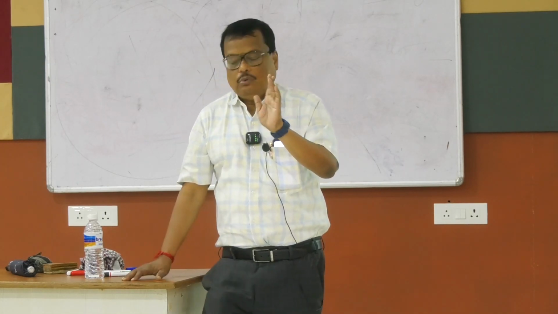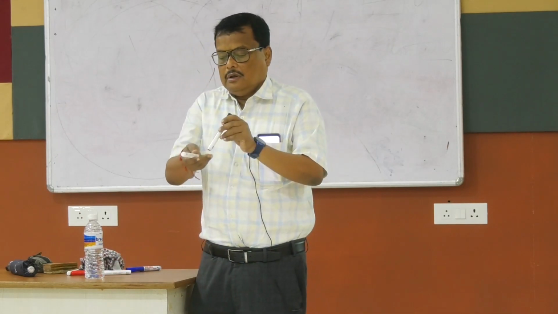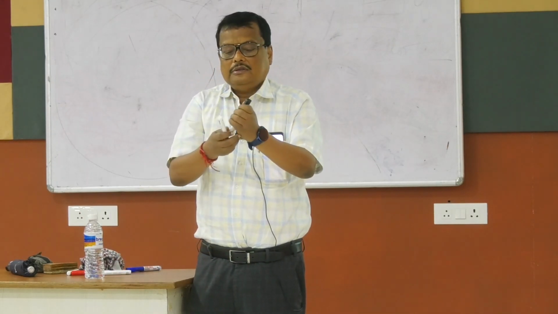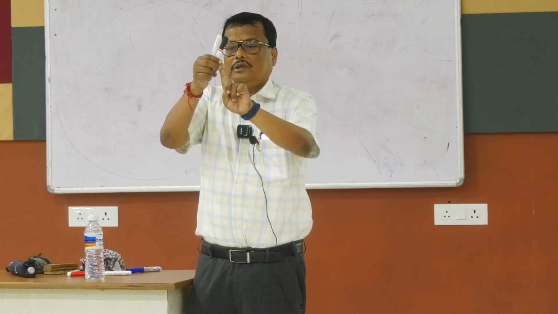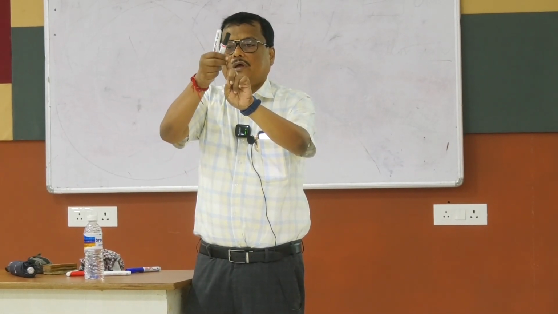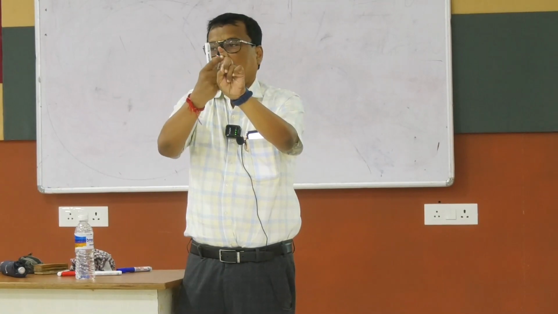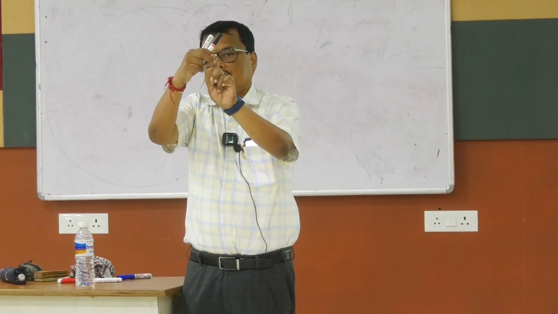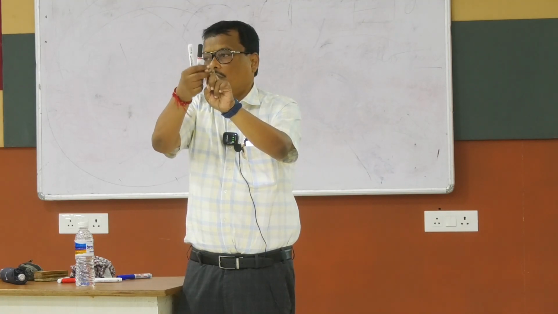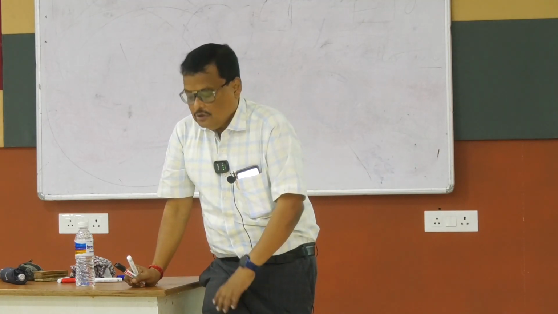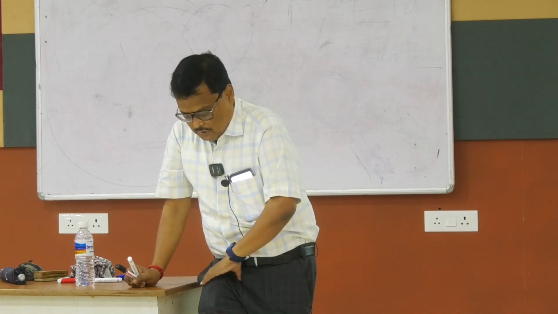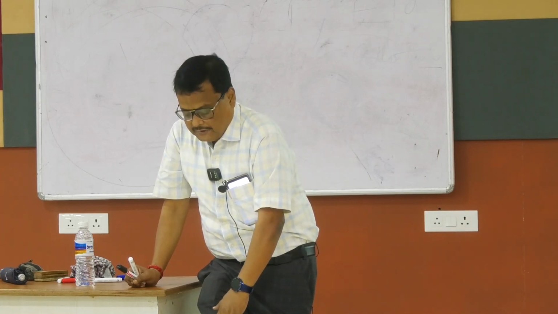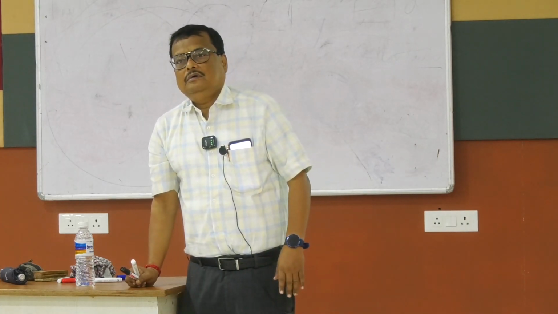So it may be one joint, or there are two joints. This is the proximal phalanx, this is the distal phalanx. Two bones are involved. But in the knee joint, you look, there are so many bones: femur, patella, and tibia.